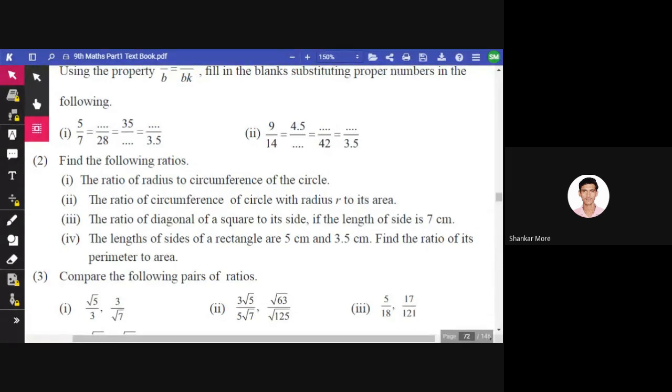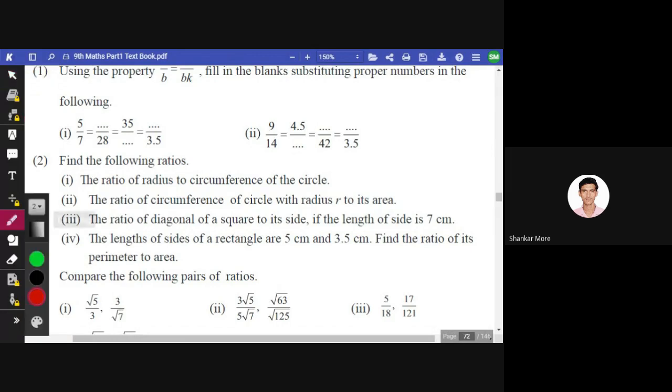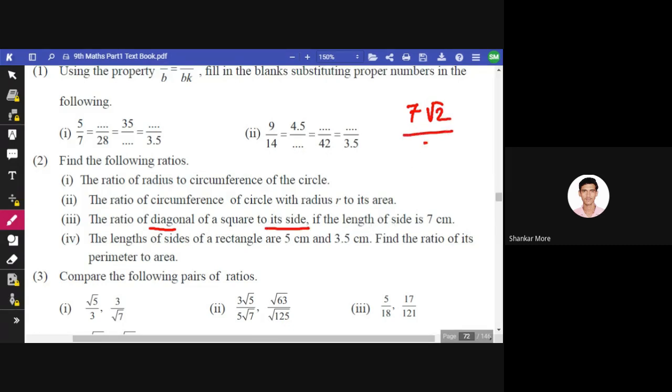Okay, 7 root 2. Great. So its diagonal would be 7 under root 2. And what do we have to divide with? We have to divide with its side, that is 7. So 7 divided by 7, it is under root 2 is to 1.